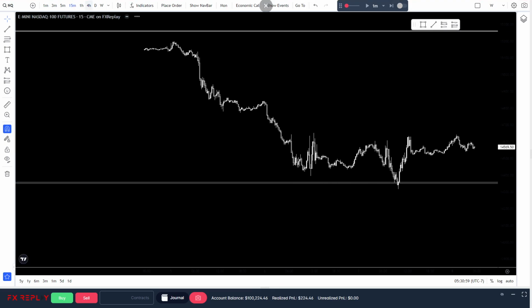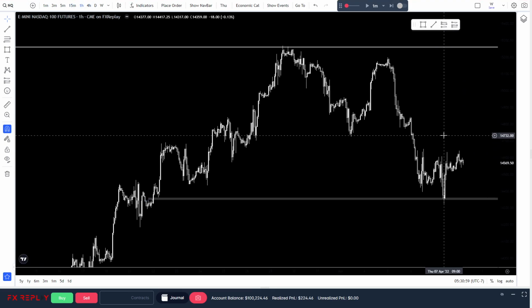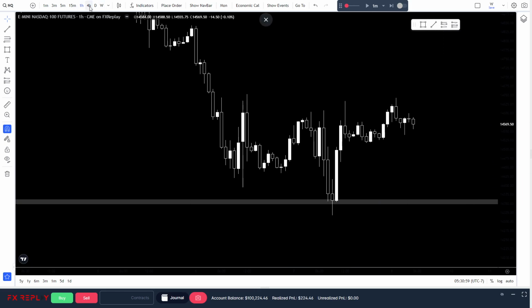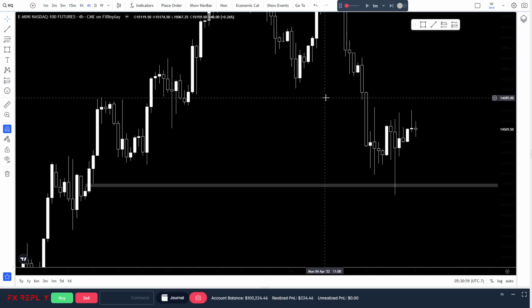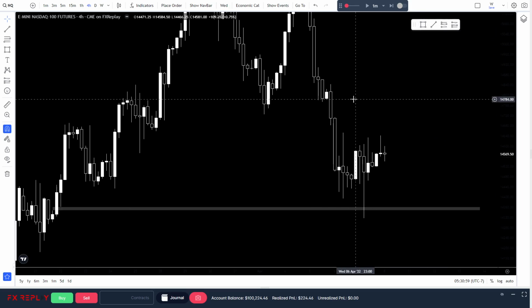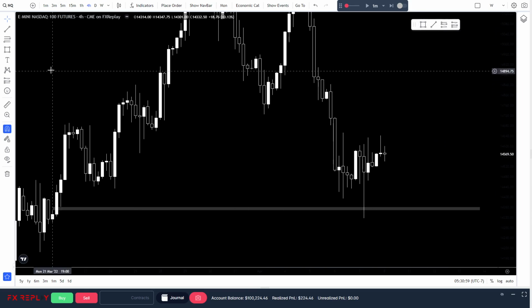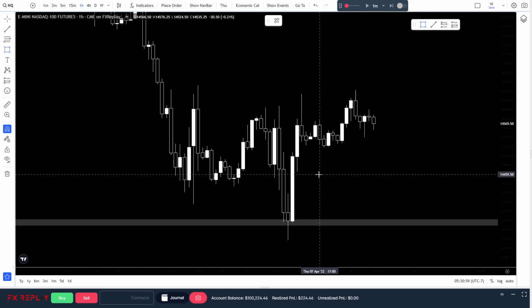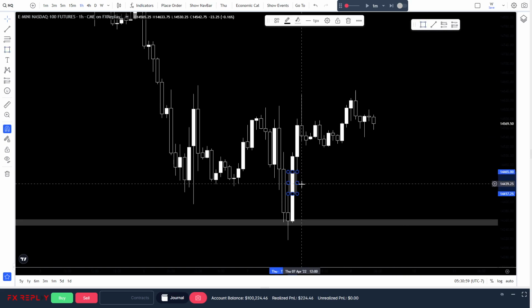So let's see here. The 4-hour is both bearish, bullish, probably bullish, but I do want to see us inverse these, so we'll see if that ever happens. Let's go to the hourly. Retracement into here, we can get good longs.